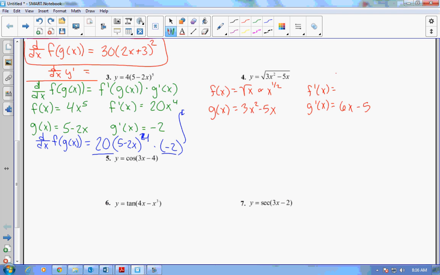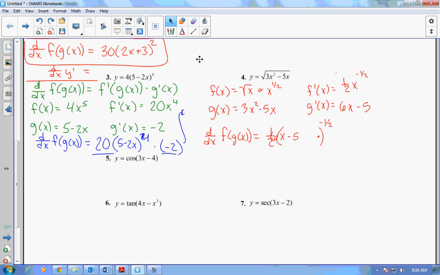But f prime, careful. What is f prime of x, Hala? What's the derivative of x to the 1/2 power? Okay, so d dx of f of g of x equals f prime, which is 1/2 x to the negative 1/2 power, but we stuff in g, 6x minus 5 times, oh, that's the wrong one, regular g.